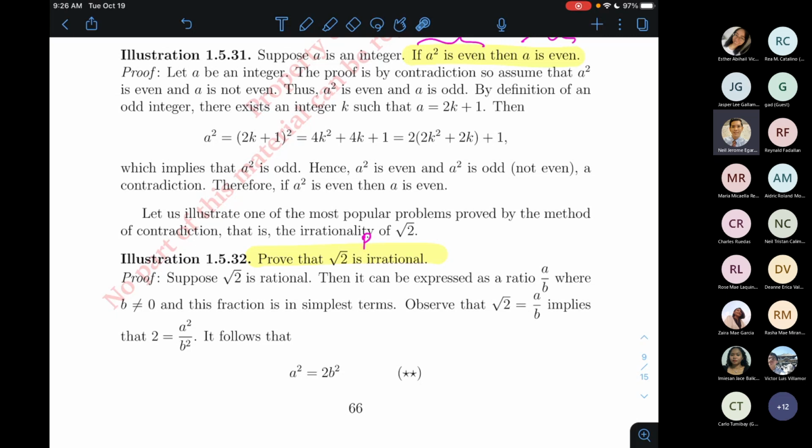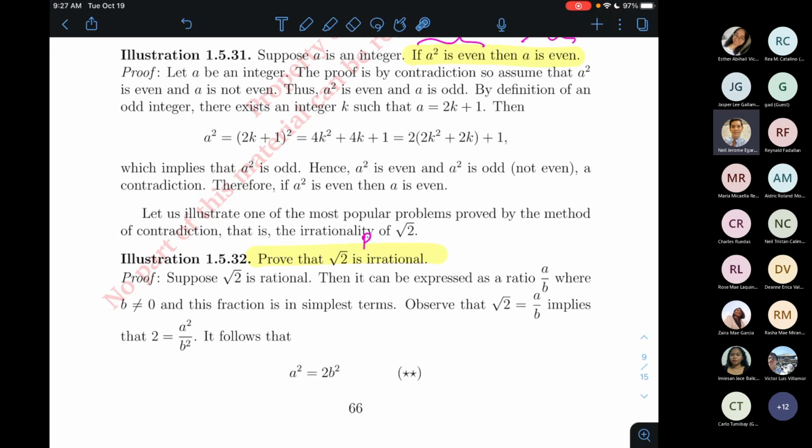Okay? Kaya lang, there comes this guy, his name is Hippasus, alright? So siya yung nagsabi na, mali kayong mga Pythagorean kayo, ang square root of 2 ay hindi rational. And that is very blasphemous para sa mga Pythagoreans. And legend has it that Hippasus was murdered because of just saying that square root of 2 is irrational.